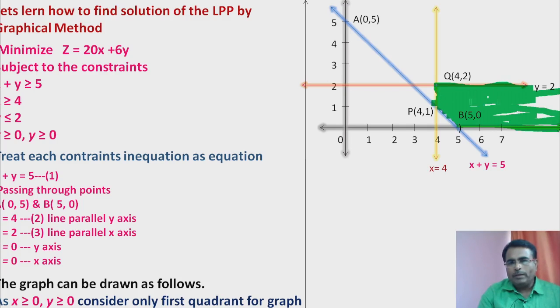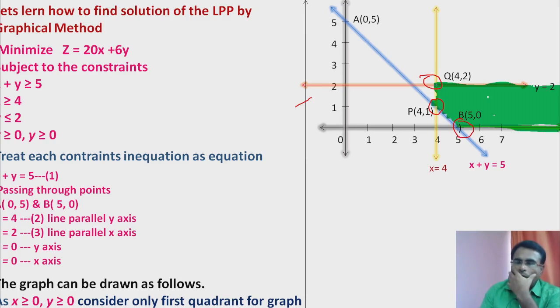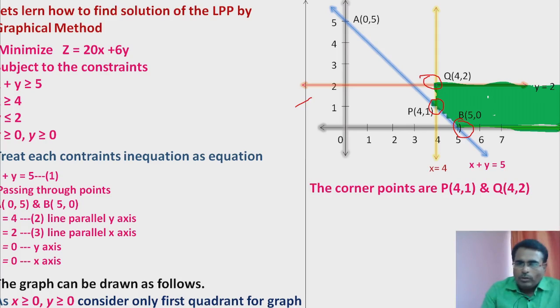The speciality of a linear programming problem is that as a solution region, you always get a convex region, and the solution of the LPP always exists at a corner point of this solution region. So you will observe here, this is the first corner point, this is the second corner point, this is the third corner point of the problem, and a minimization value always exists at any one of these corner points. That's why we have to think about the corner points.